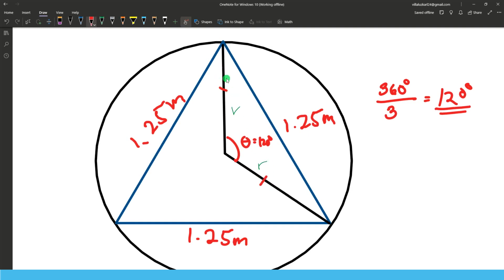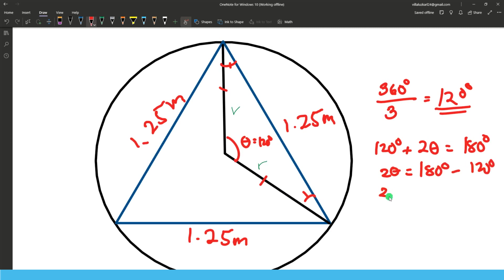If these sides are equal, the opposite angles are also equal. So if this is 120 degrees, the two equal angles should add up to 180 degrees minus 120 degrees. That's 2 theta equals 60 degrees.